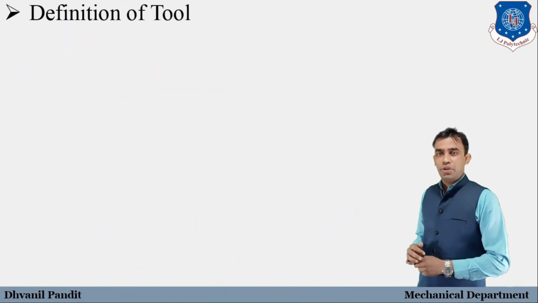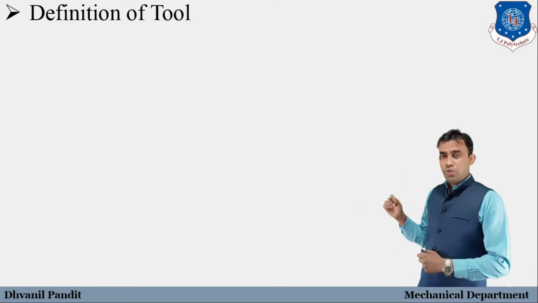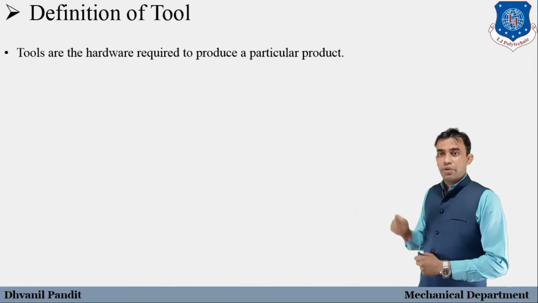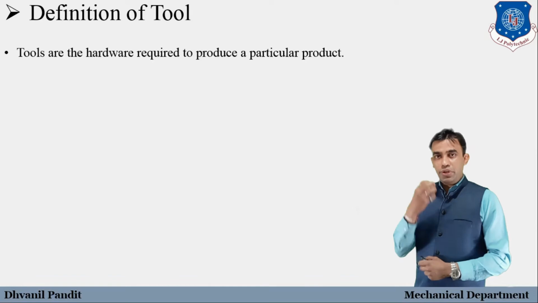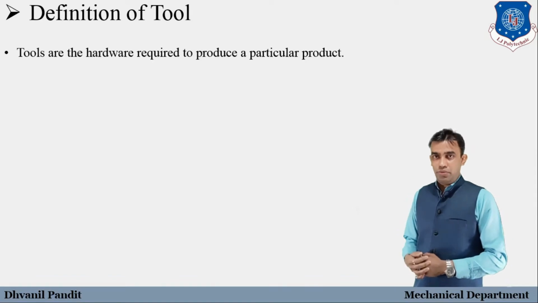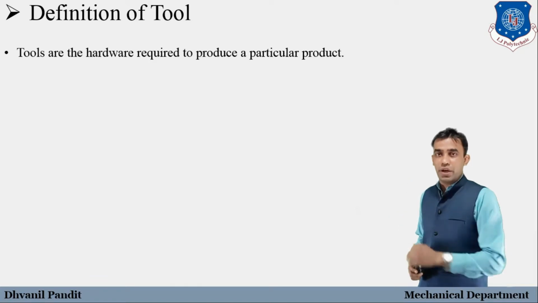As you can see on your screen, the first definition of tool: tools are the hardware required to produce the product. So if you need to do a production, tool is one of the essential hardware.